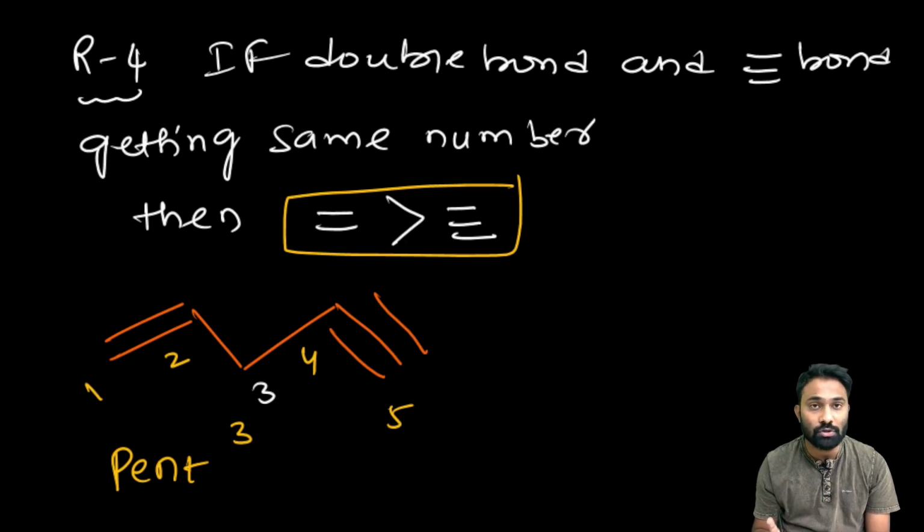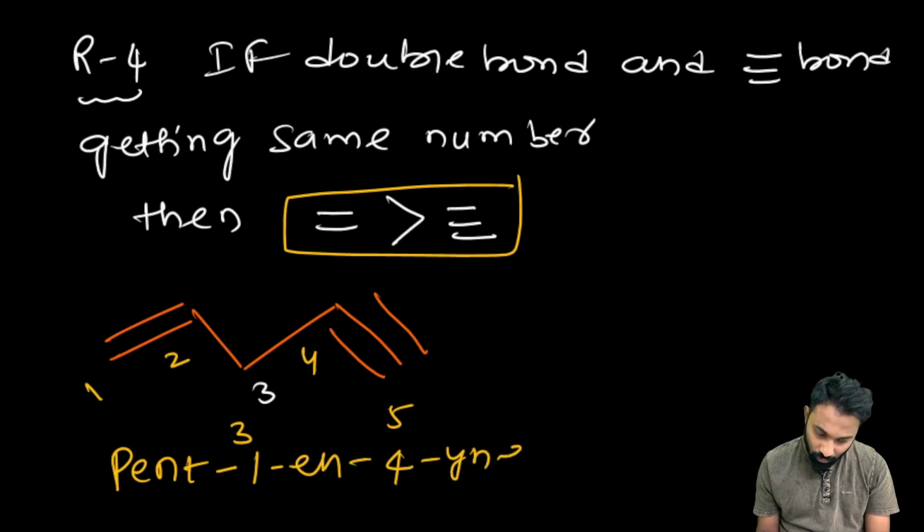We should not use the a in the root word if a double bond and a triple bond are present in the compound. Okay. Now this is pent, and double bond and triple bond, right? Double bond is present in which position? 1. So pent-1-en-4-yne. 4-yne. Clear?